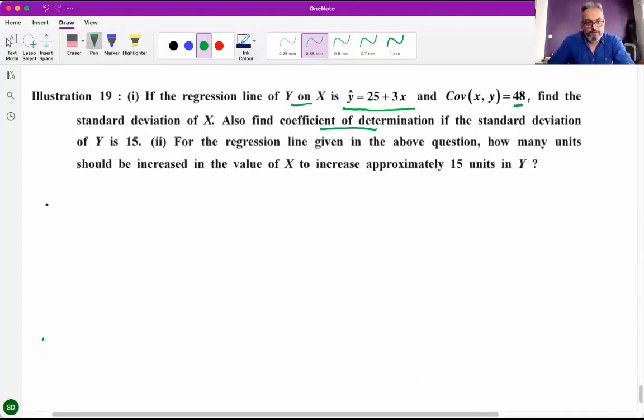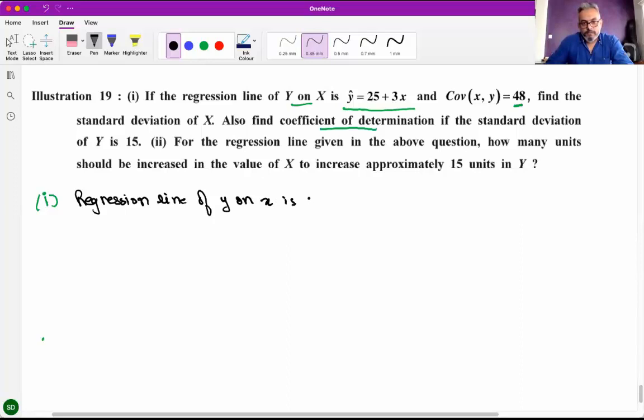Now first, regression line of y on x is 25 plus 3x. So y cap is equal to 25 plus 3x.